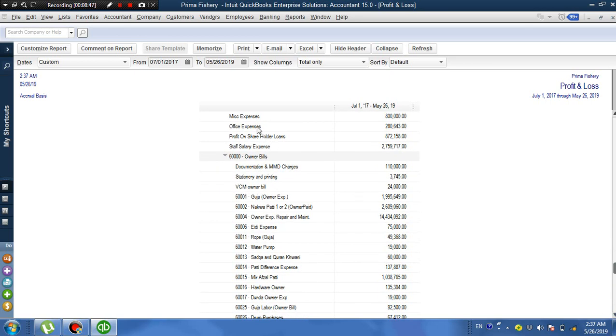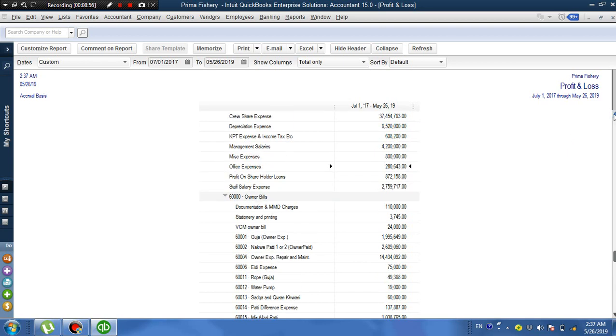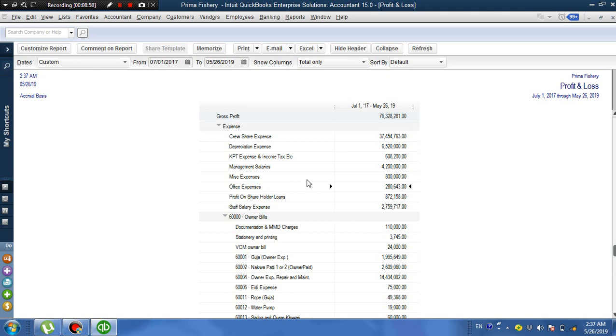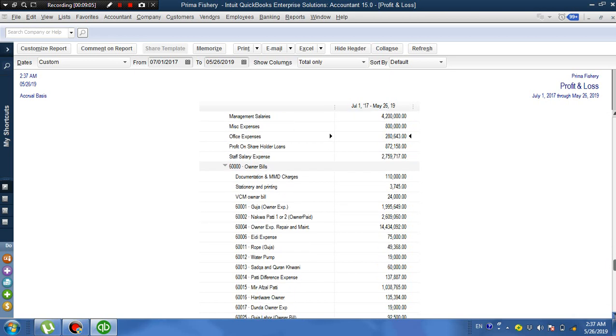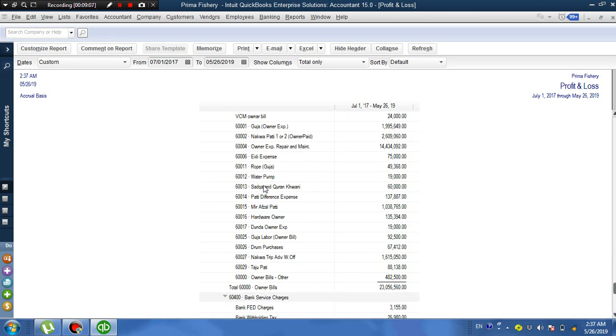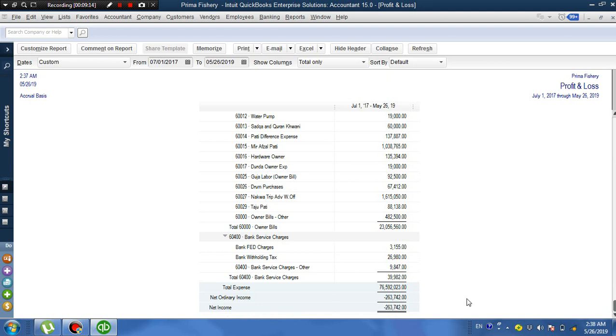This section, I think, is the charges which are directly, maybe some government charges and some miscellaneous and some office expenses. It is like administrative kind of expenses. These are the operational owner's bills, and at the top, as you have seen, those were the cost, and here is the net result. So this was the profit and loss of the whole company.